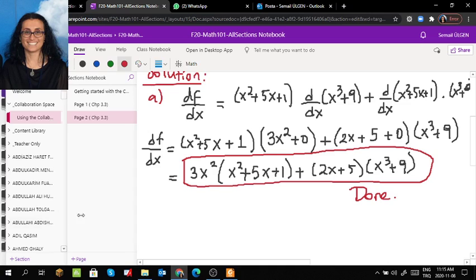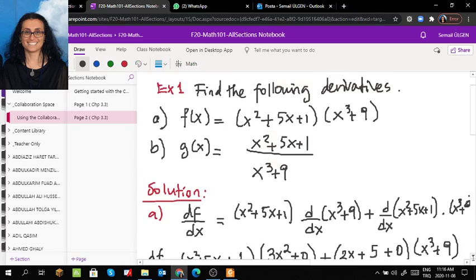Okay, let's do B. In B, on the other hand, we take the derivative of the quotient. So the derivative of the quotient, this is g, by the way, I'm sorry. G is the ratio, the quotient, dg/dx, or g prime at x, either way, this is also okay. We have to apply the quotient rule.